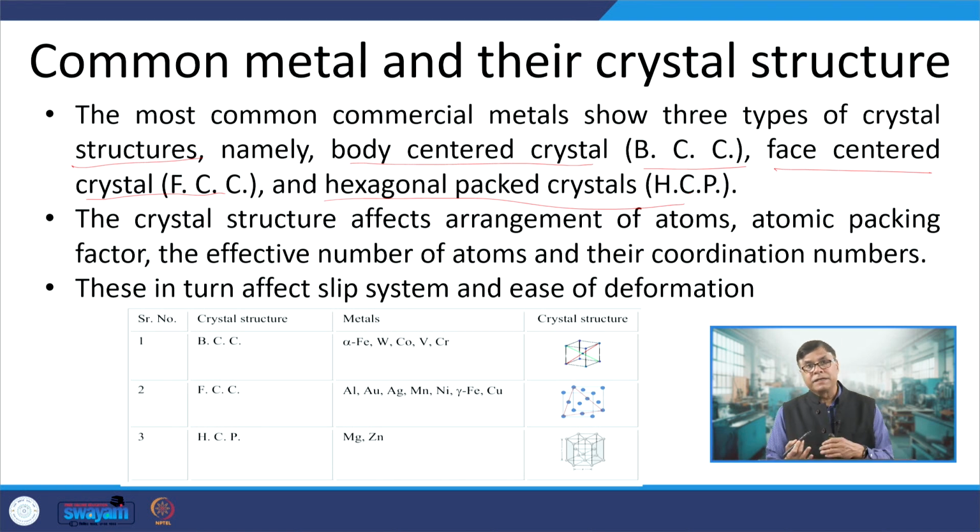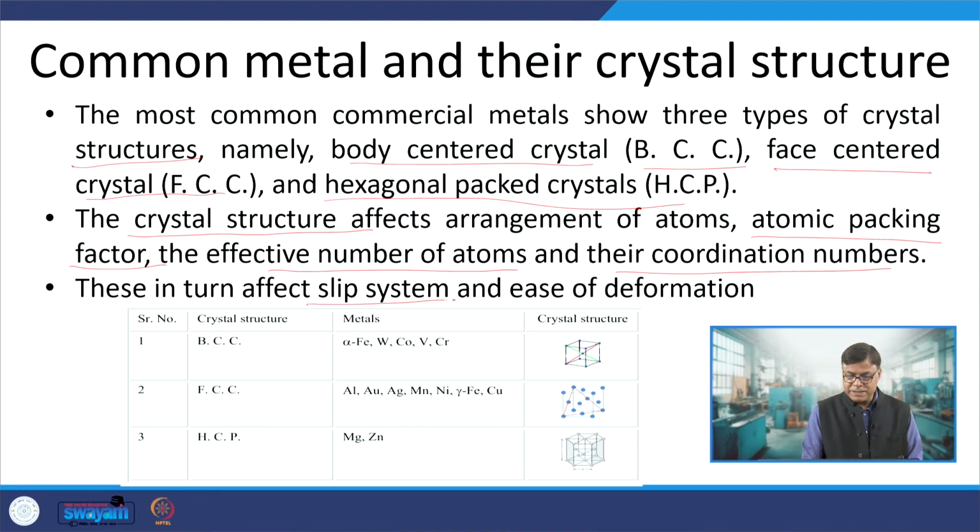This depends on the kind of arrangement in the unit cell of a particular metal. This arrangement of atoms affects the atomic packing factor, the effective number of atoms associated with a unit cell, and their coordination number. These factors in turn affect the number of slip systems, which determines the ease of deformation of the metals. Okay.